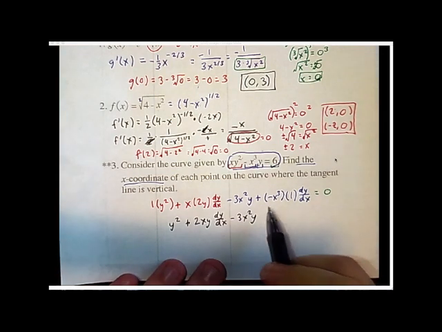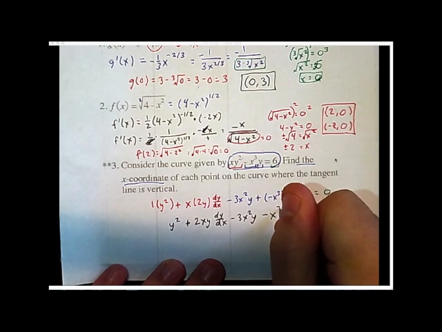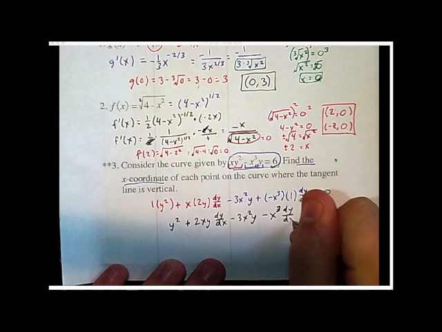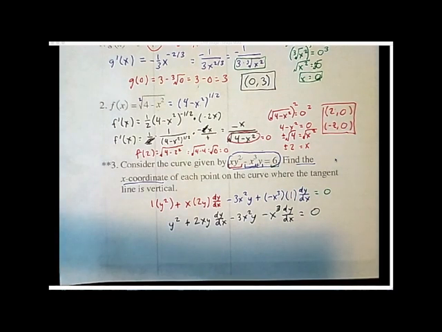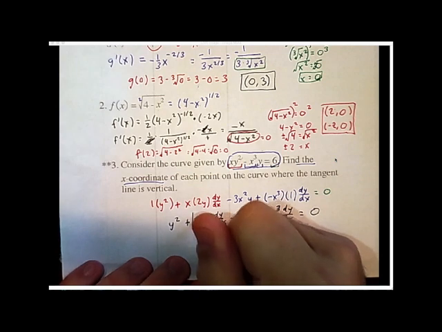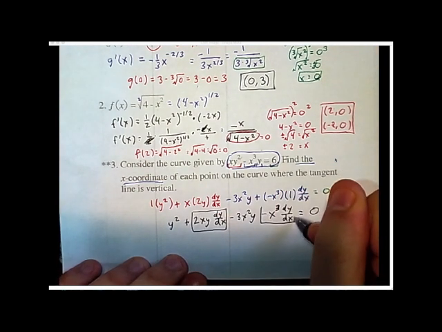And then 1 times negative x cubed is negative x cubed, but it has a dy/dx on it, equals 0. Now here's the two things with dy/dx on it. We got that thing and we got this thing.